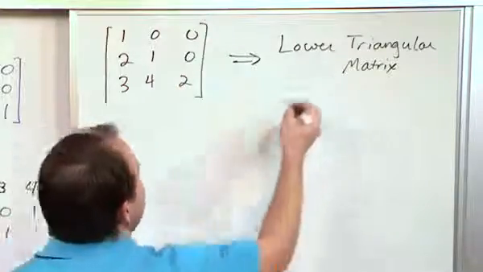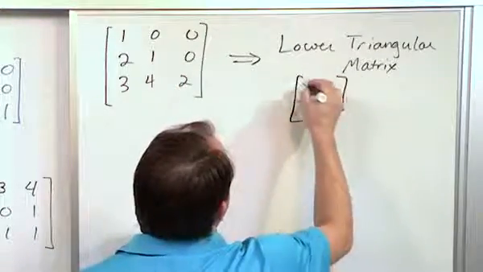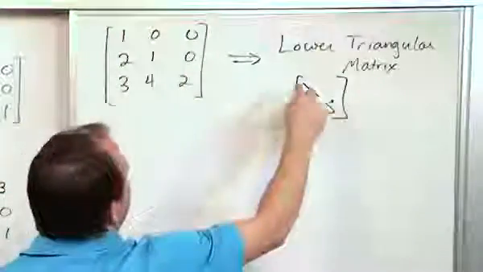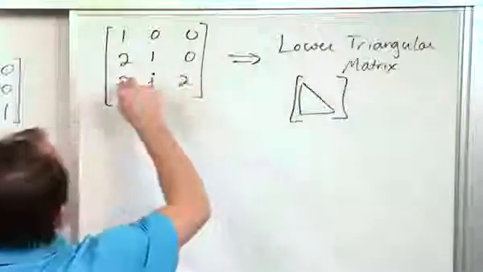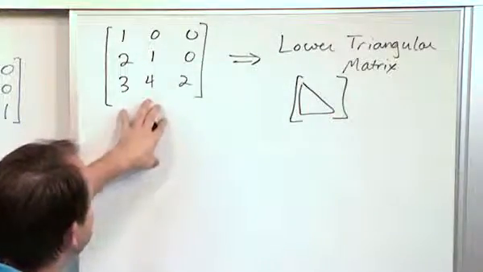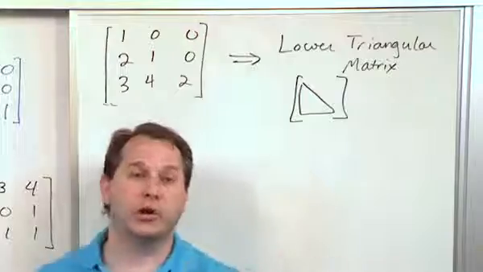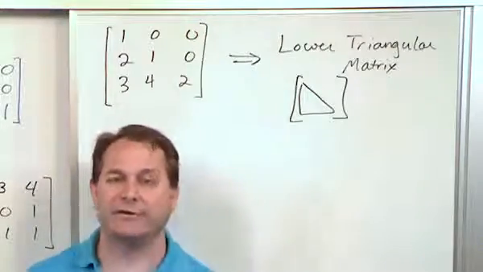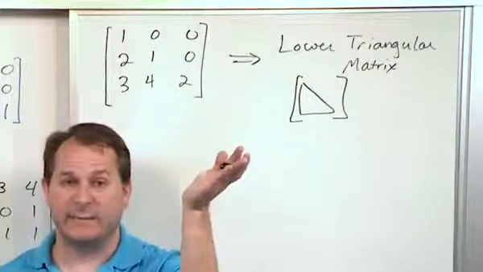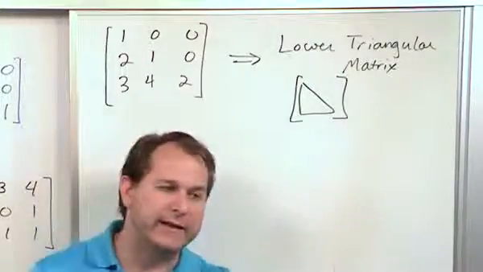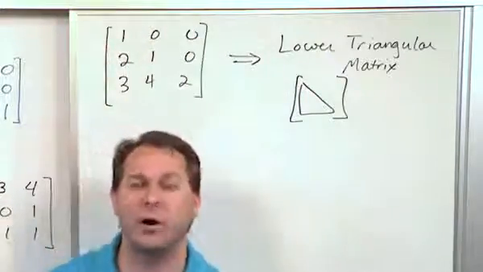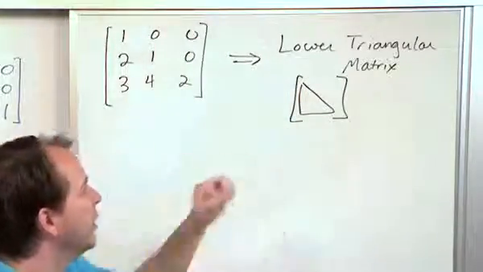So if you had the matrix here, it forms a triangle like this, where the diagonal elements are part of this line here, and the other non-zero elements are inscribed in a triangle. Now this is a 3 by 3 matrix, but it also goes for larger matrices, from 5 by 5 and so on. A lower triangular matrix would have diagonal elements and then on down to the bottom, where everything above the diagonal, up and to the right, would be all zeros. That's going to be called a lower triangular matrix.